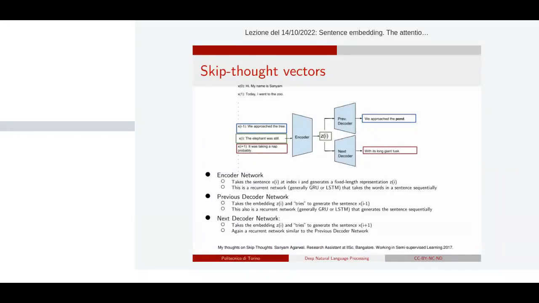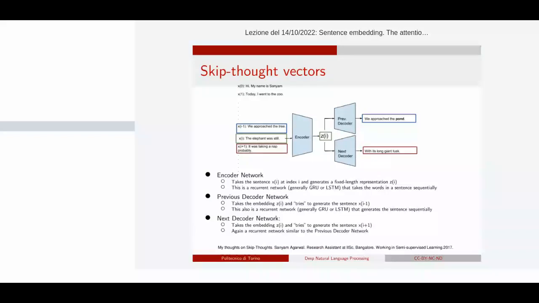Given the sequence of sentences in the original text, if you have an original paragraph including three sentences, x i minus 1, xi, and x i plus 1, you are trying to reconstruct the previous and the following sentences, given the central one.